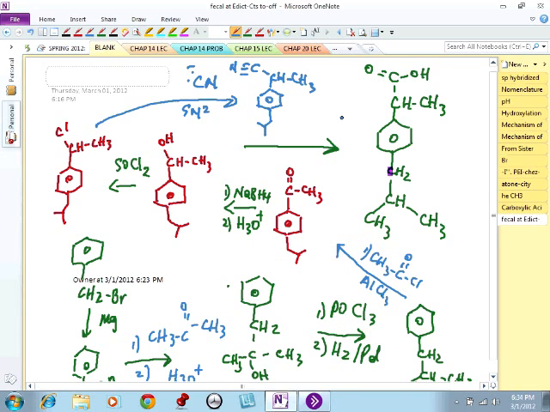Okay, once they get the cyano group, then what do they do? To go from cyano group to carboxylic acid, you could hydrolyze the cyano group to carboxylic acid by using dilute acid and water.